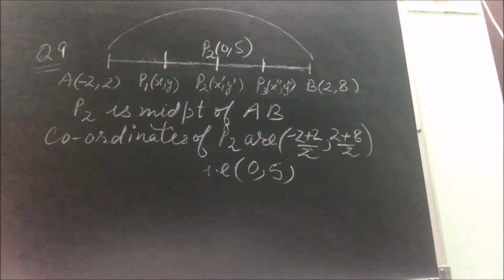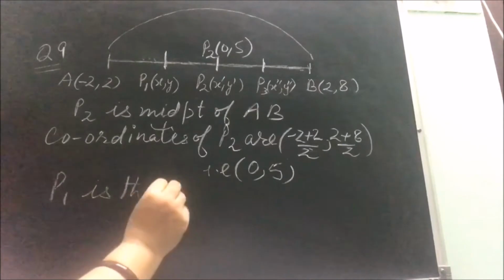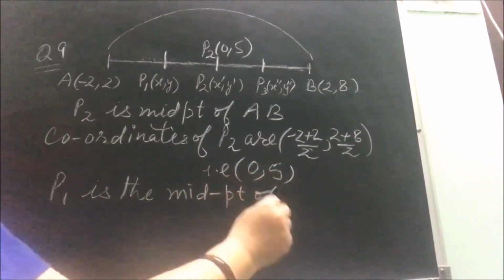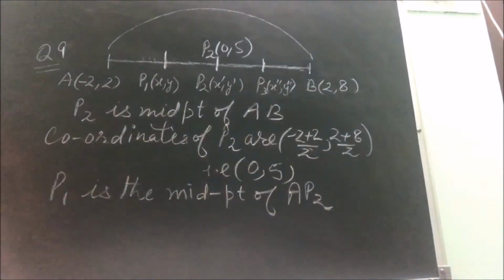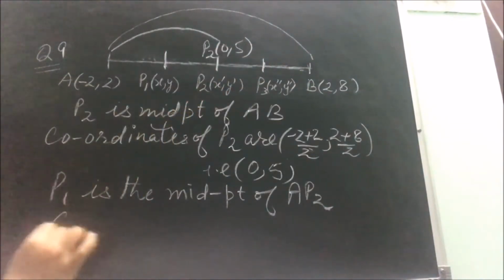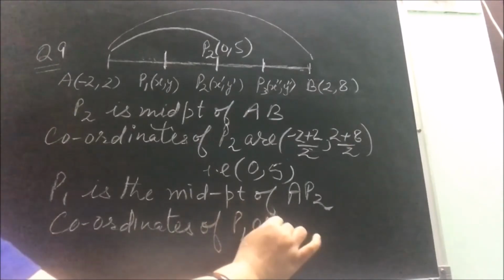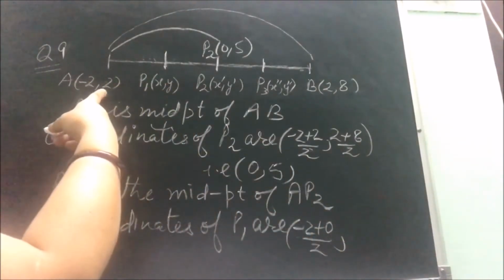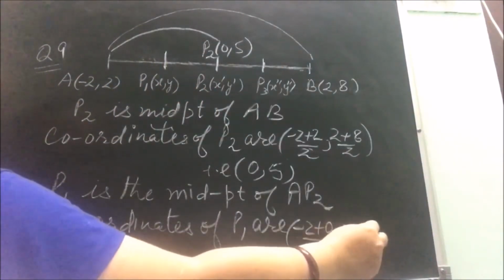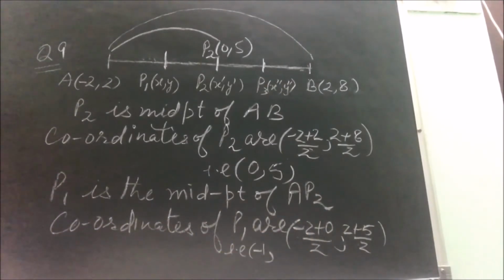Now see P1. P1 is the midpoint of AP2. So applying the midpoint formula on these two, the coordinates of P1 are minus 2 plus 0, x1 plus x2 divided by 2, and 2 plus 5, y1 plus y2 divided by 2. Minus 2 by 2 means minus 1, 7 by 2.